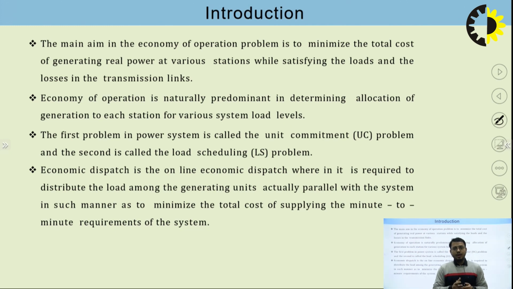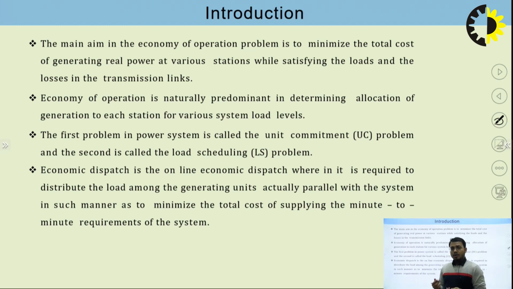The power is generated with the help of thermal power plant, nuclear power plant, hydro power plant, or recently our shift is from conventional to non-conventional energy resources, just like renewable energy resources. So a number of power plants are utilized for generating the power, right?